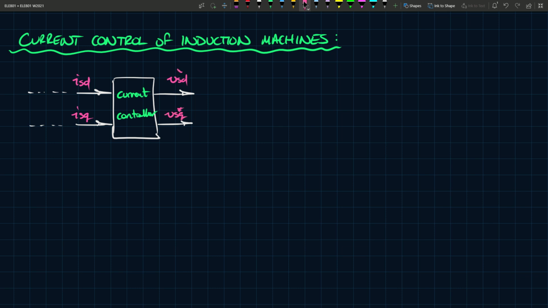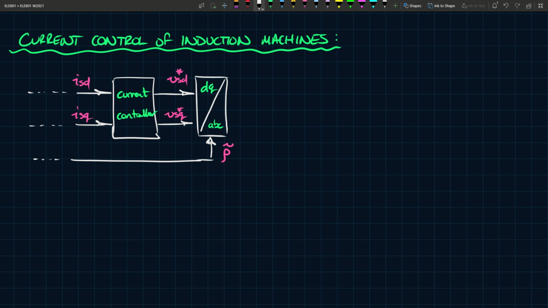These are both references, and these references will go to a DQ to ABC frame transformation, and this angle here is the same rho approximation, let's say, the same way we generated it before in the previous video.